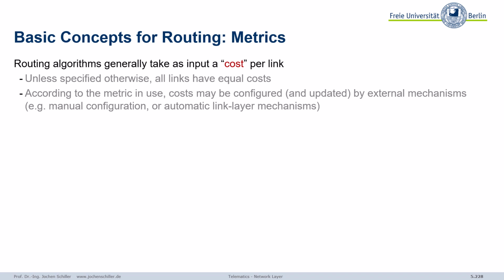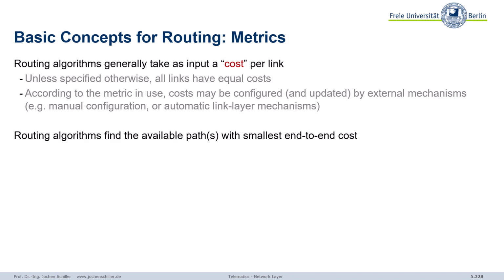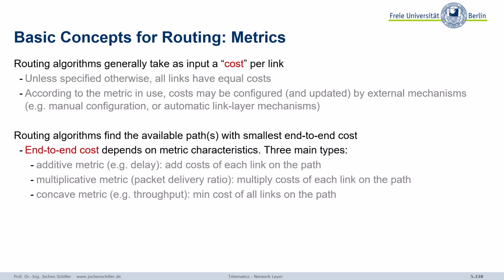This could be euro, but this could also be weight, load, etc. We can configure this manually, automatically, etc. So the algorithm should find paths with the smallest end-to-end cost, maybe one path, maybe several paths with the same smallest cost, or maybe the two or three paths with minimum cost.